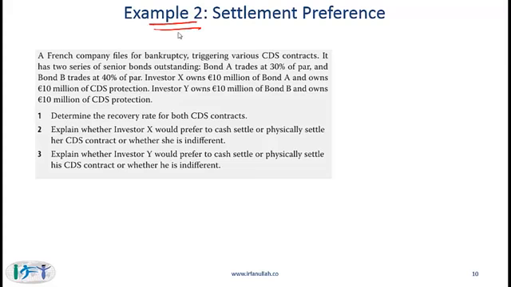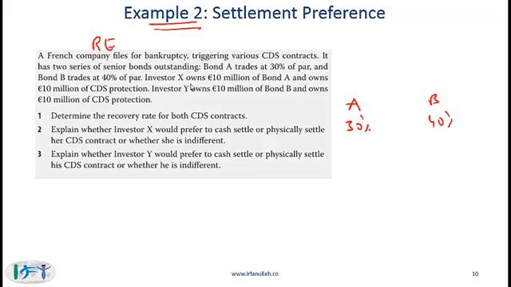Let's look at this example which deals with settlement preferences, and it is quite important. A French company files for bankruptcy, which triggers various CDS contracts. So this company is the reference entity. It has two series of senior bonds outstanding. A, which trades at 30% of par, and B, which trades at 40% of par.